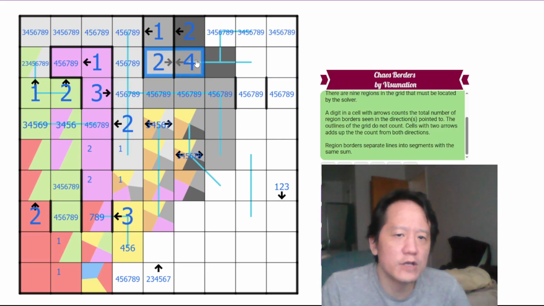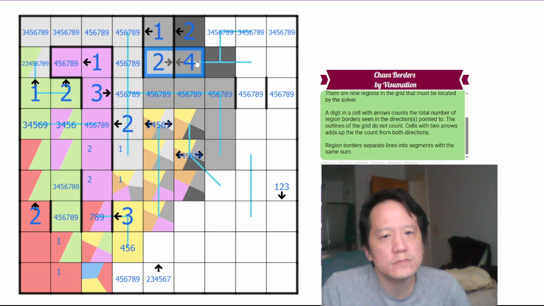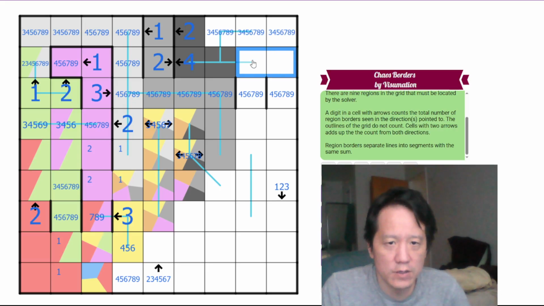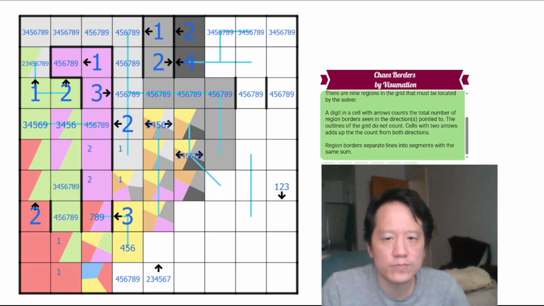You have one here, and you could have one here, right? What you cannot have is one here, because then this forces the dark to be there. So then this would all have to be dark.